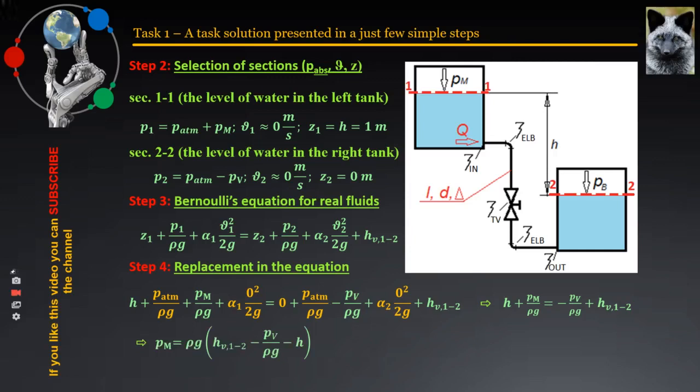In this case, this is the manometric pressure PM. So next is the numerical substitution, and after which the pressure is calculated. Ultimately, the manometric pressure will be 7,000 276.8 pascals.